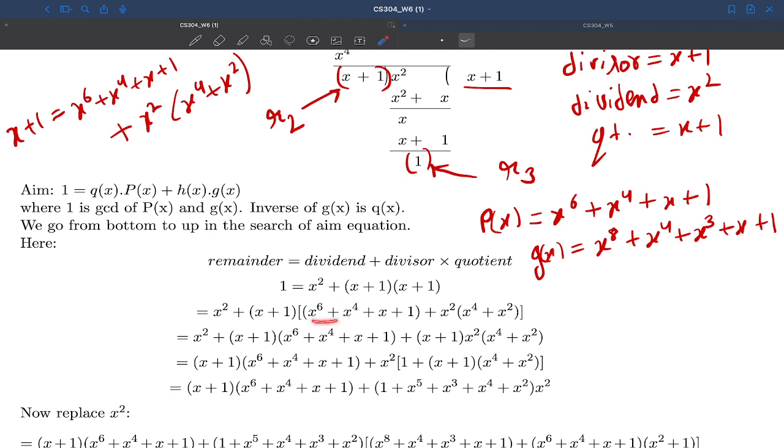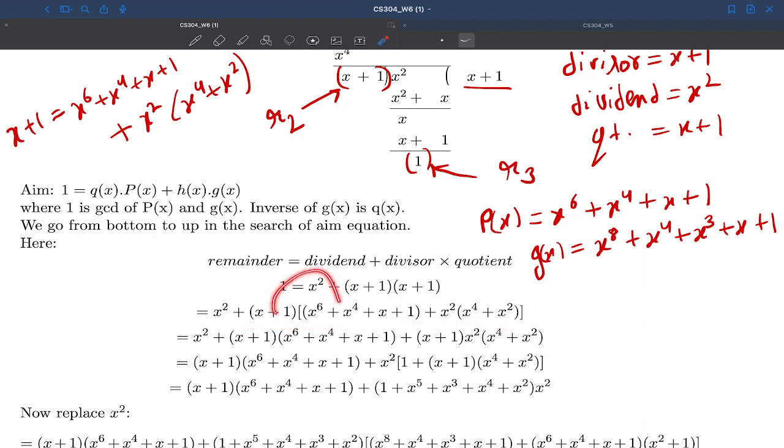Also this x6 plus x4 plus x plus 1 is nothing but p(x). So one thing is getting better, that I somehow induced my p(x) in this equation. So let me separate this p(x) and see what I am getting common with this p(x). First of all let me open this second term.